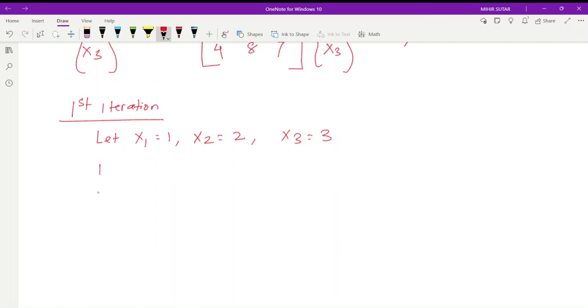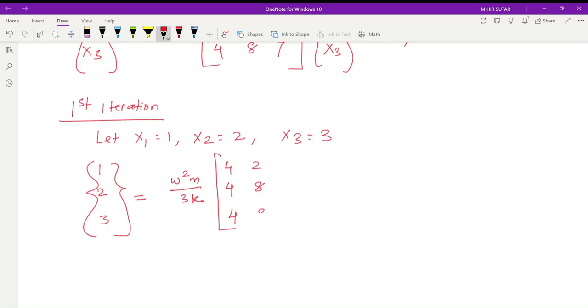So we will have 1, 2, 3 is equal to omega square m by 3k into 4, 4, 4, 2, 8, 8, 1, 4, 7 into 1, 2, 3.